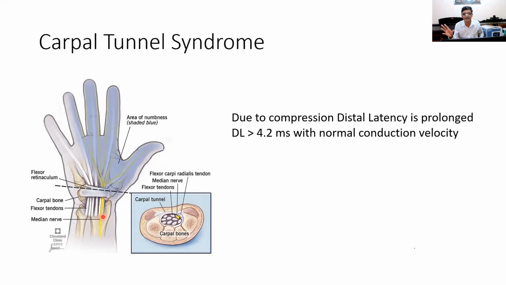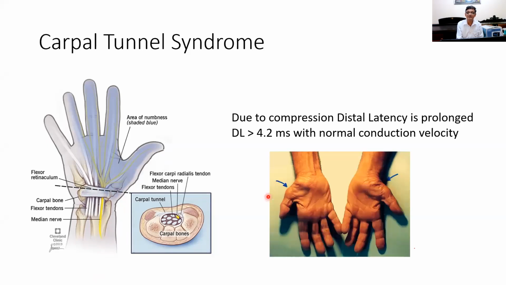He seems to have some peripheral neuropathy, not carpal tunnel syndrome. Right? Evidence does not suggest carpal tunnel syndrome in that case. Okay, that is a little bit too complicated. You will learn it when you do neurology in more detail. But for now, understand, if there is a compression here due to carpal tunnel syndrome, distal latency will be prolonged. But at the same time, you have to pay attention to the motor conduction velocity, which has to be within normal range to diagnose carpal tunnel syndrome.